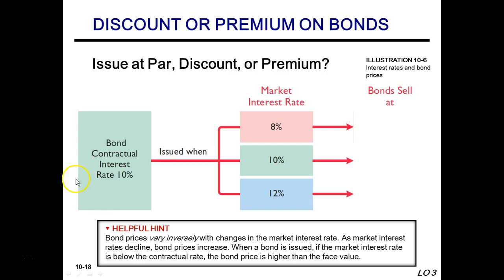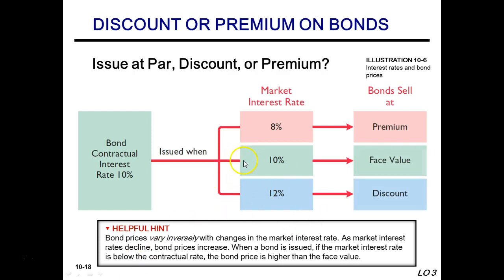So we said that the simplest is when the contractual interest rate, also referred to as the stated rate, is equal to the market rate. And when they're equal, a lot of times they don't even mention the market rate because they're issued at face value. And that would be at that 100, if I could write 100 in here.